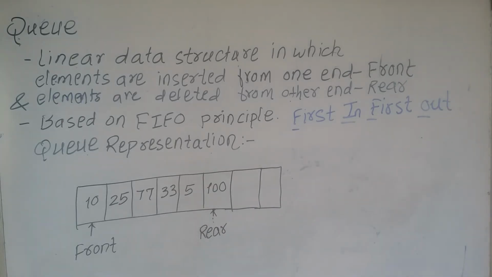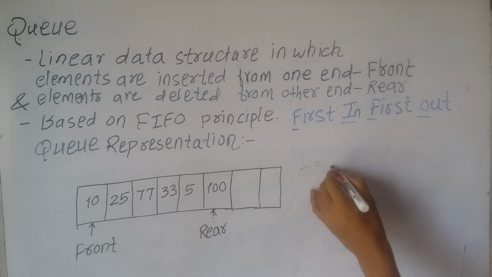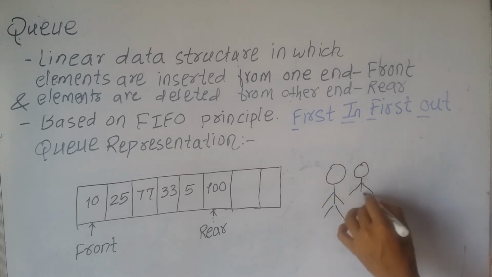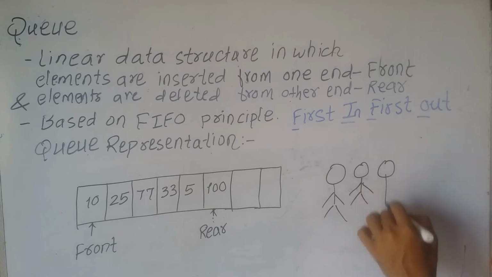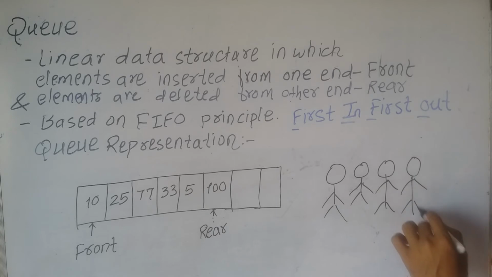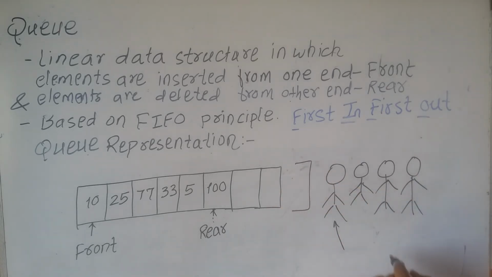What is a real-time example of this? Here the real-time example I can give is a normal queue in front of a ticket window or in front of a cashier. Clear? There is a window, and one by one the people are coming.